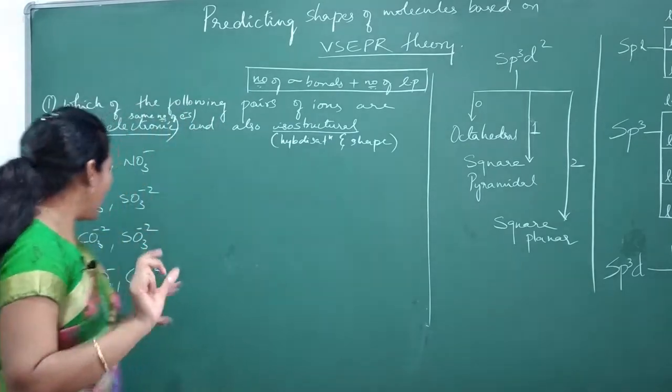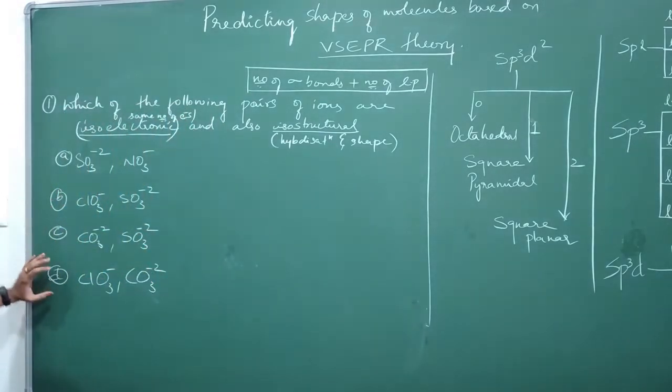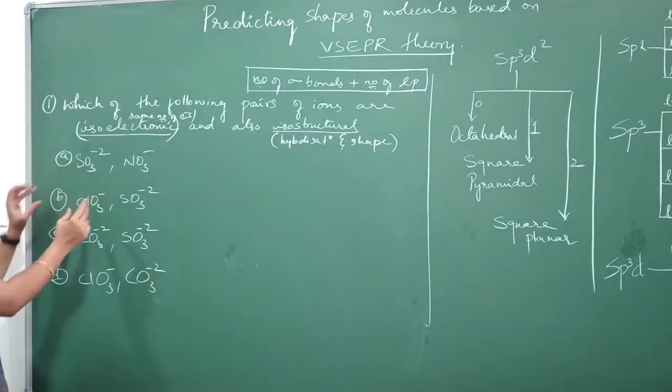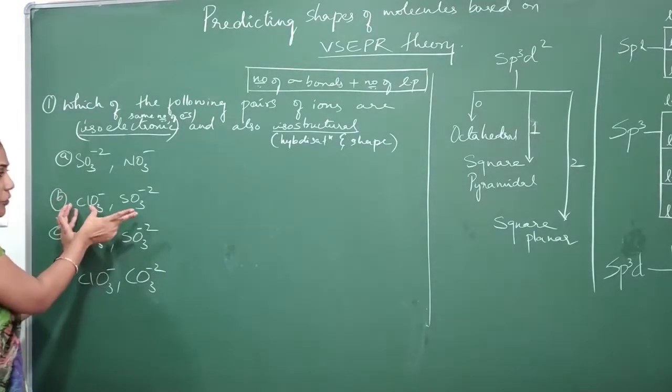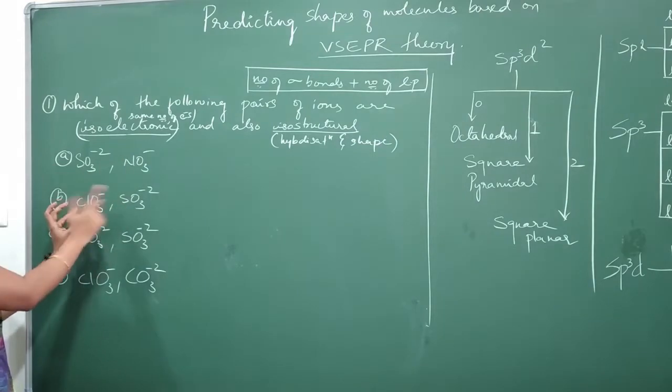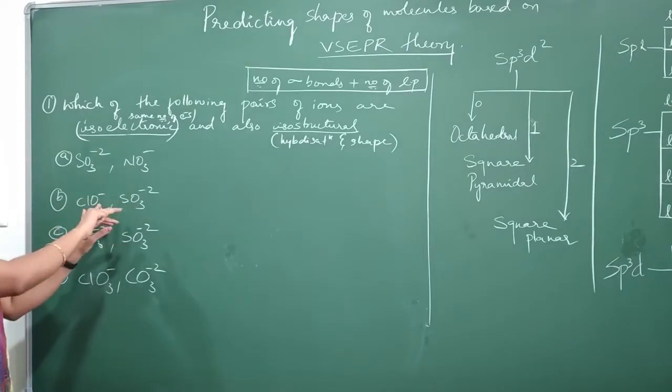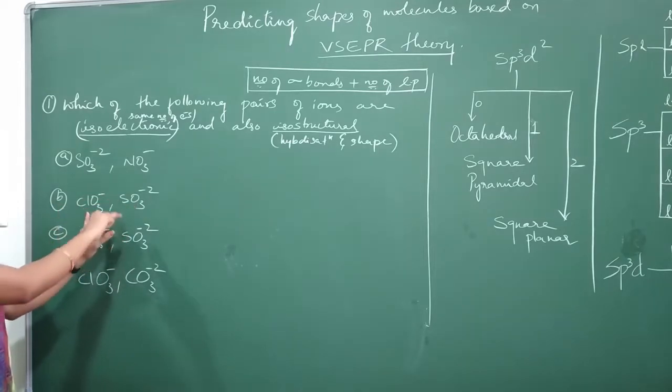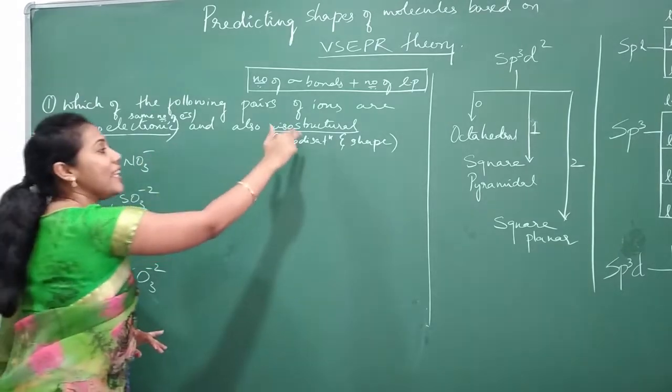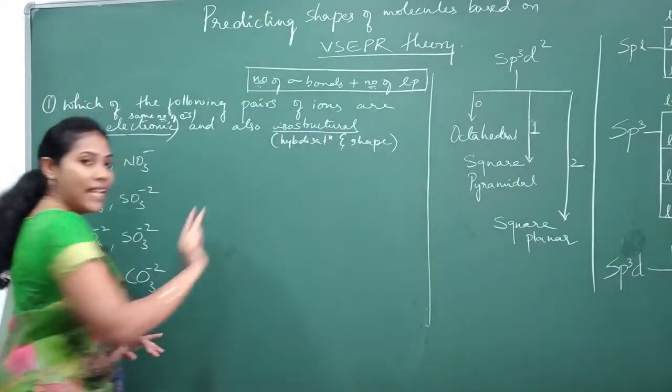Now they have given you 4 options. Among them you have to select one option. Every option contains 2 molecules, so you should compare the 2 molecules. The molecules should have the same number of electrons, and they should have the same hybridization as well as shape.